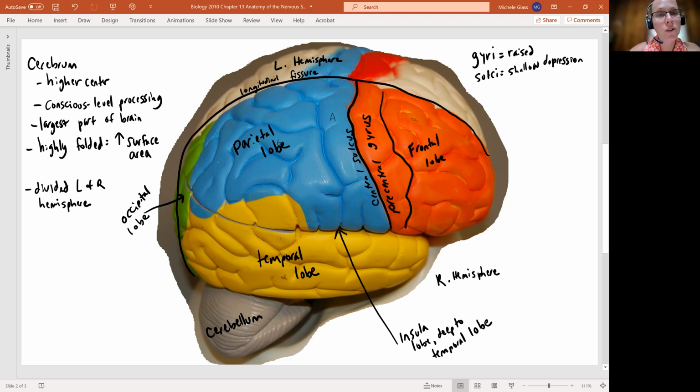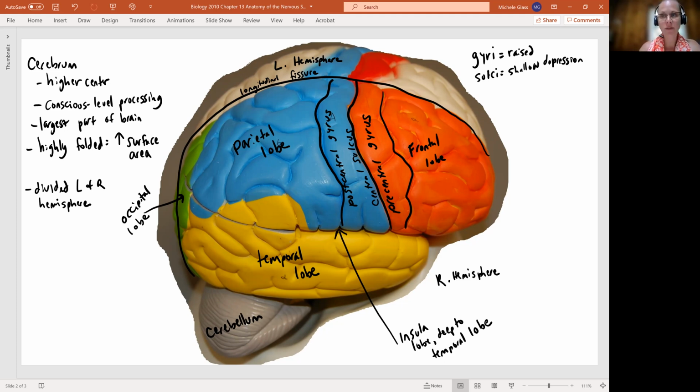That's part of the frontal lobe. We also said we can talk about it as the primary motor cortex, so that's where the upper motor neurons are located. We can do the same thing in the parietal lobe. Behind the central sulcus, we have the postcentral gyrus. Again, remember that's our anatomical name for our physiological structure, which is the primary somatosensory cortex.